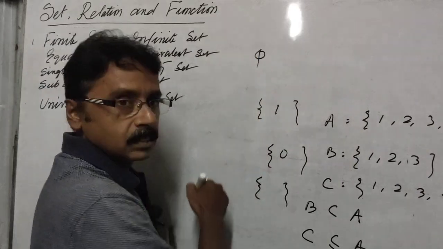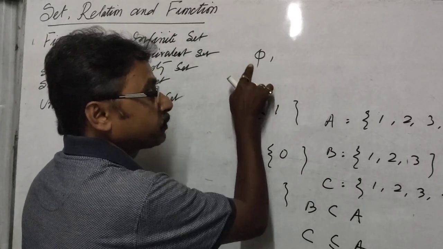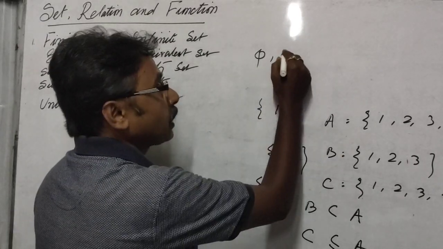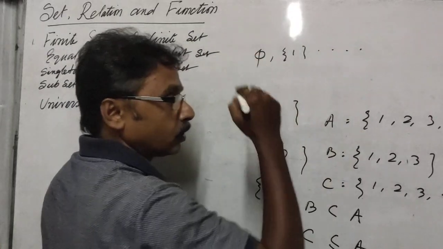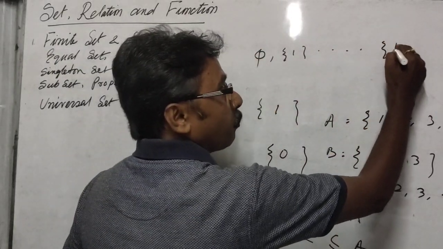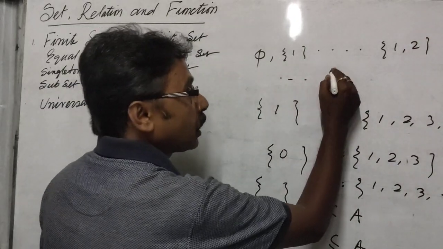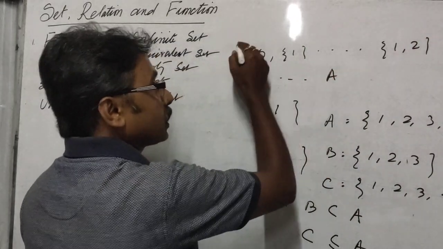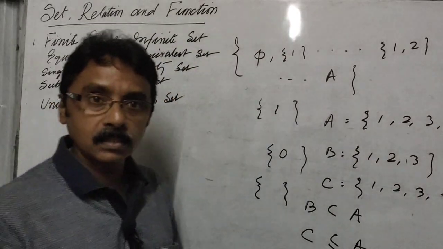First is the null set. The null set is a subset of any set, so phi is a subset of A. Then I am taking singleton sets {1}, {2}, {3}, {4}. Then taking two elements, we have {1, 2}, {1, 3}, {1, 4}. Last, we will take the whole set A. So the collection of all these together is called the power set.